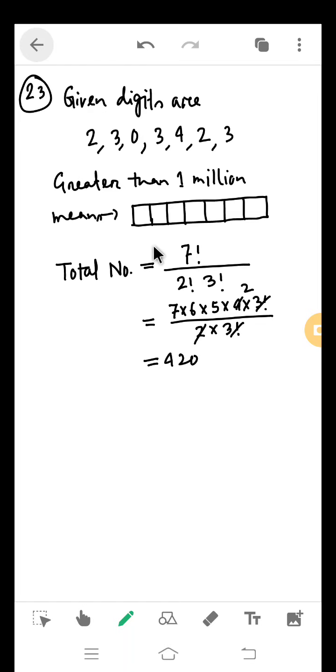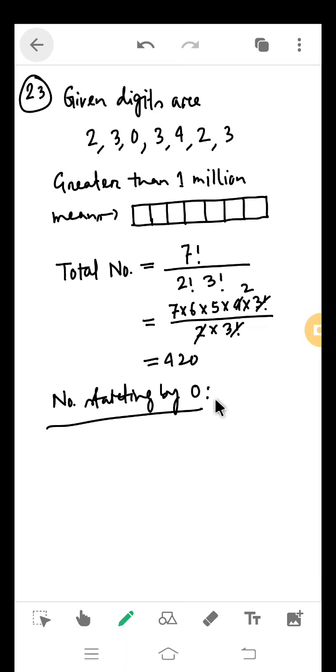But out of this total, now you have to find out how many are starting with 0. Because when a number starts with 0, it will never be of 7 digits and it will be less than 1 million. So now, how many numbers starting with 0 can be formed using the given digits?